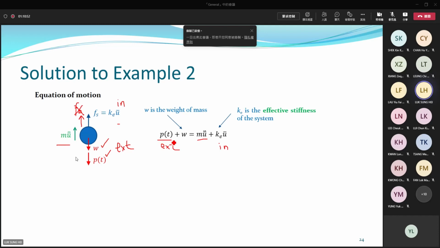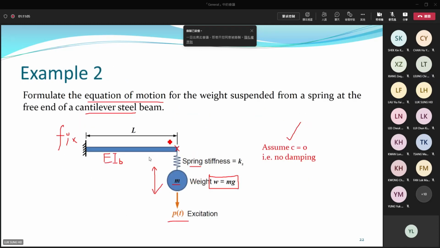P is the dynamic loading, W is the self weight, KE is the effective stiffness of the whole system. I will talk about the effective stiffness. In this problem, when this mass is displaced vertically, the spring is under elongation and the beam is under deflection. The beam also provides some stiffness for the system, just like a column.